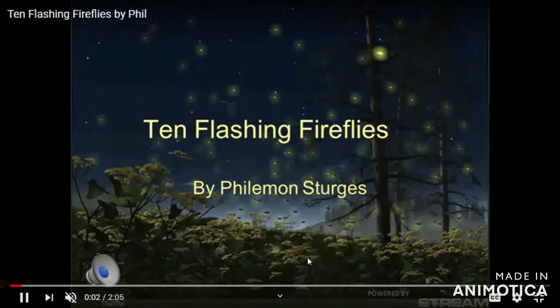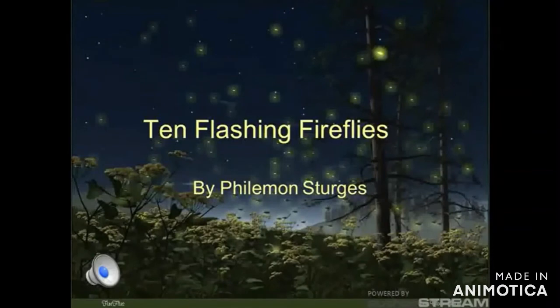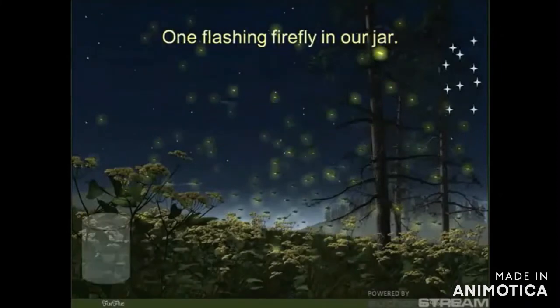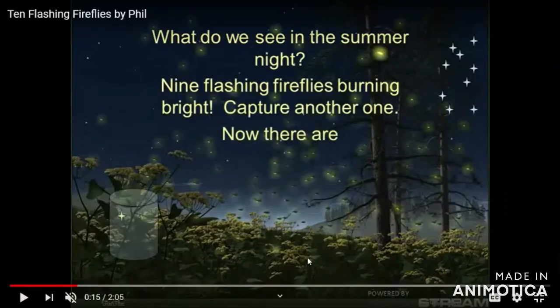10 Flashing Fireflies by Philemon Sturges. What do we see in the summer night? 10 flashing fireflies burning bright. Catch the one twinkling there like a star. 1 flashing firefly in our jar. What do we see in the summer night? 9 flashing fireflies burning bright.